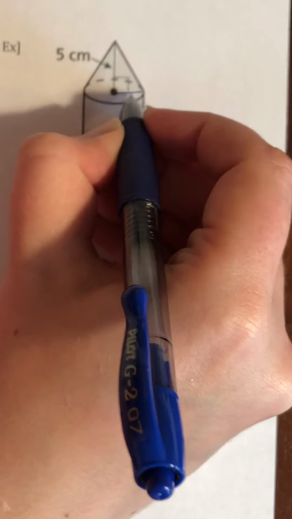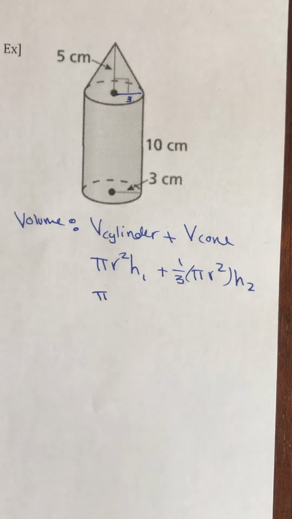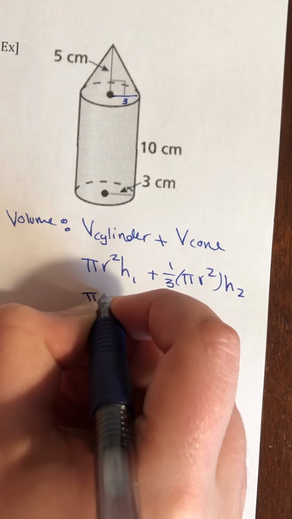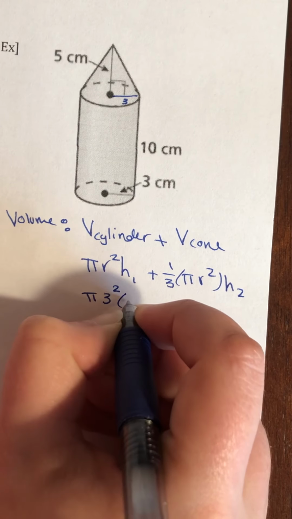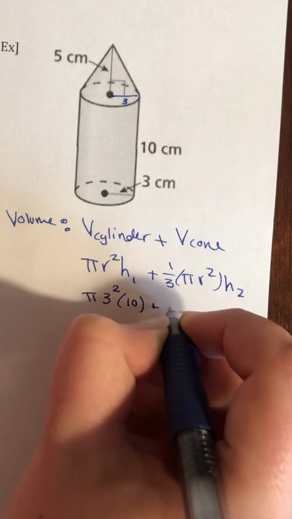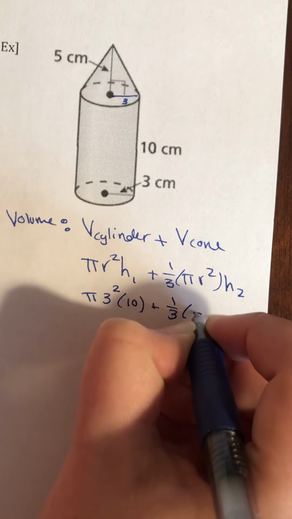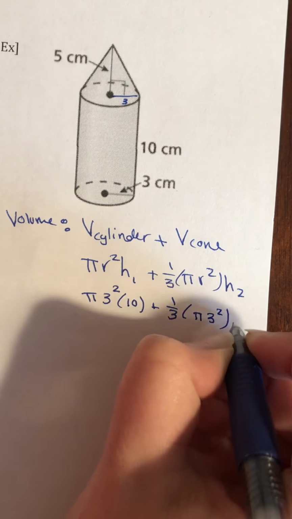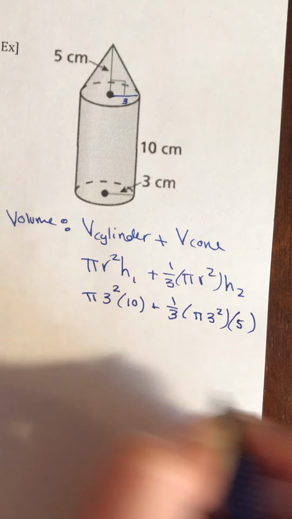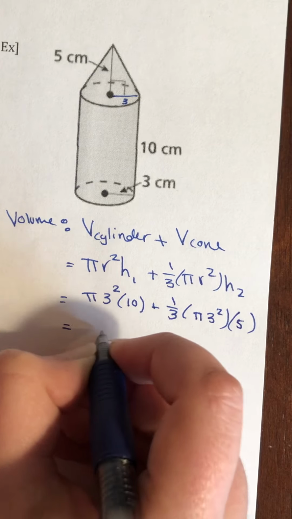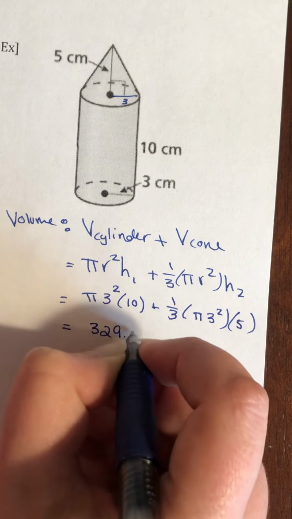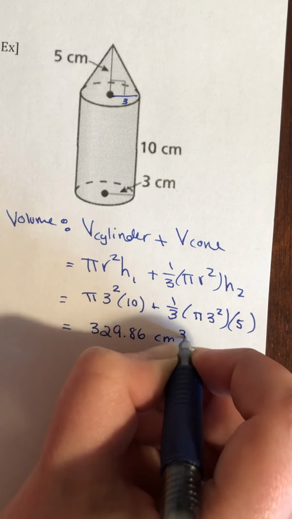So that should be 3 for both of them, the radius at least. So pi 3 squared times the height of the cylinder is 10, plus 1/3 pi 3 squared times the height of the cone, which is 5. Put it all together, you're going to get 329.86 centimeters cubed.